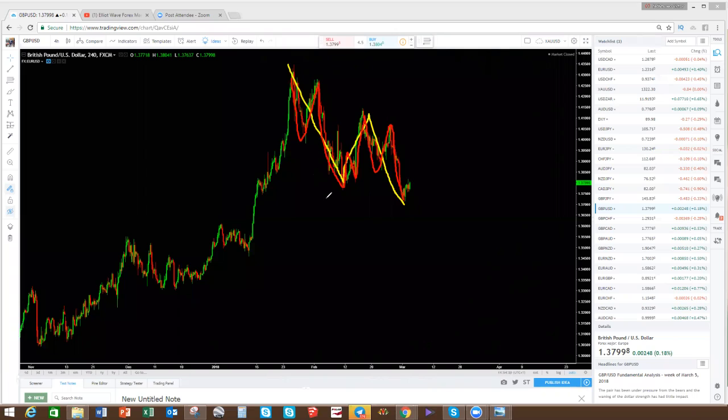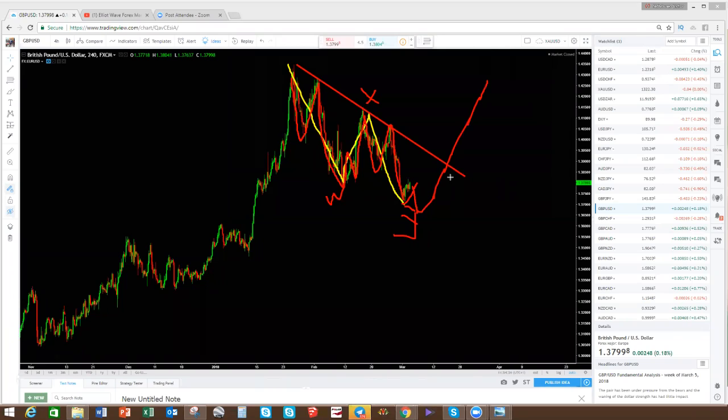Okay, giving you a WXY, simple. But this Y is a little bit short for me, so this may give you one more down before it starts going up. But you'd be late if you only buy it when it breaks out of this correction here. So you want to get it right at the bottom. So it looks like it wants to give you one more down.